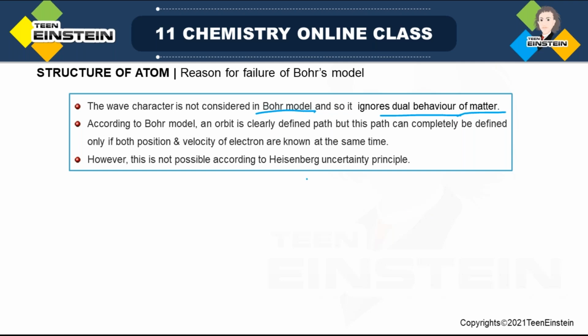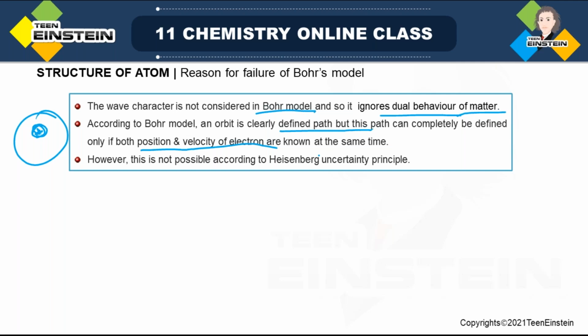And the second point, according to Bohr model, we have seen an orbit is a clearly defined path. Suppose there is a nucleus, I am writing here positive sign, and there is a circular path which is a fixed orbit, fixed path. But this path can completely be defined only when position and velocity of electron are known simultaneously. Otherwise, this type of path cannot exist, right? But according to Heisenberg uncertainty principle, it is not possible.